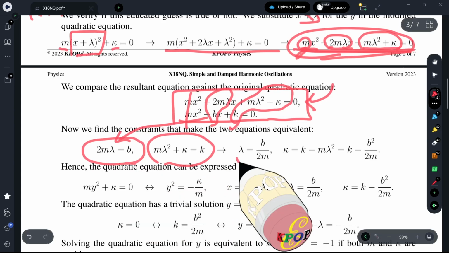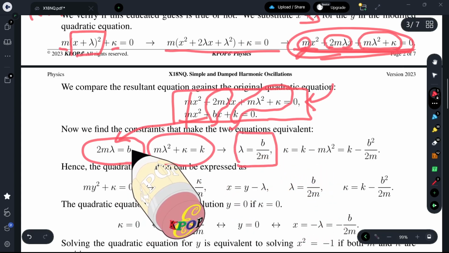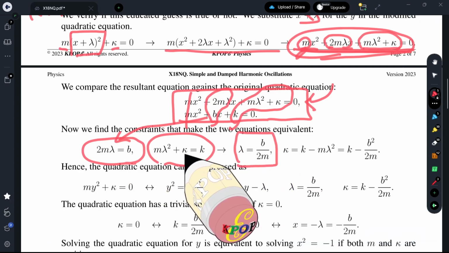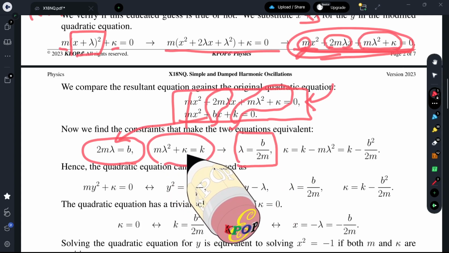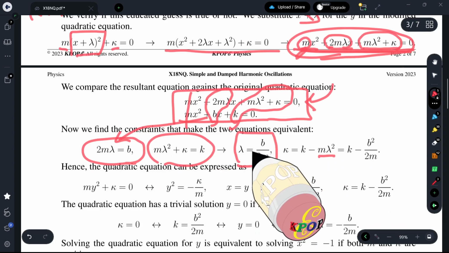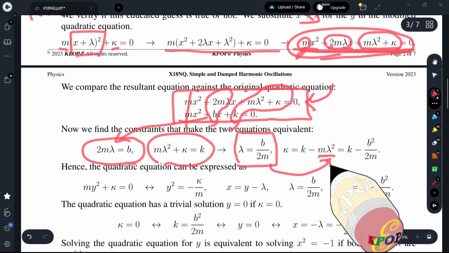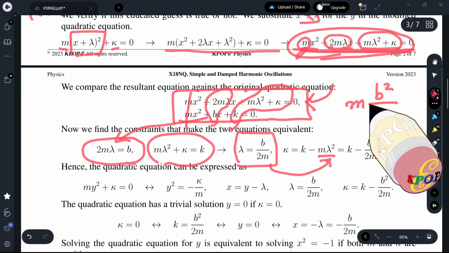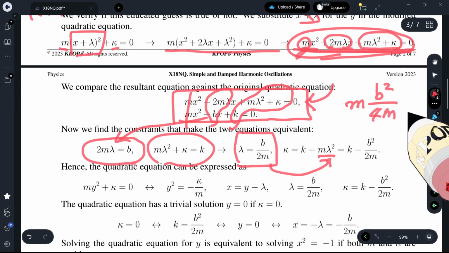Solving this, I can determine lambda to be b divided by 2m. And because kappa is k minus m lambda squared, and I know the lambda, substitute then m lambda squared for m squared.